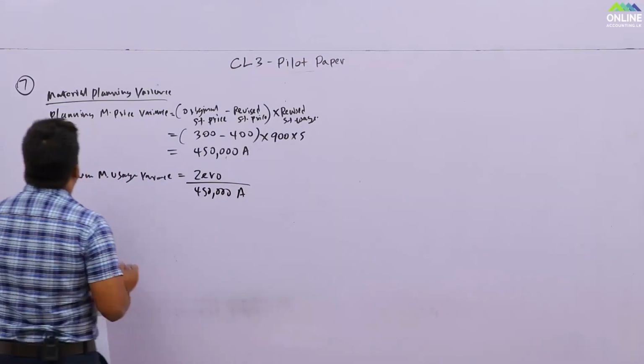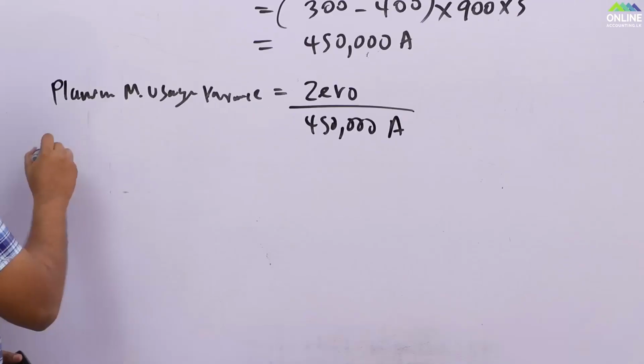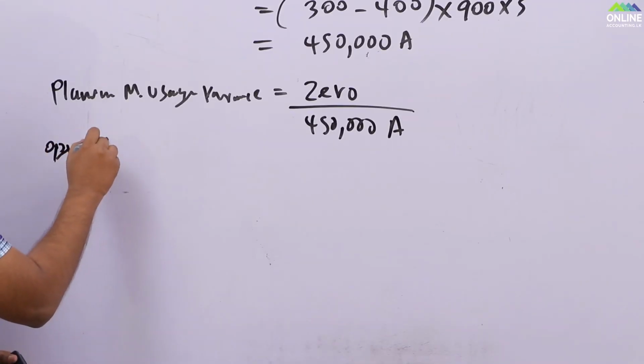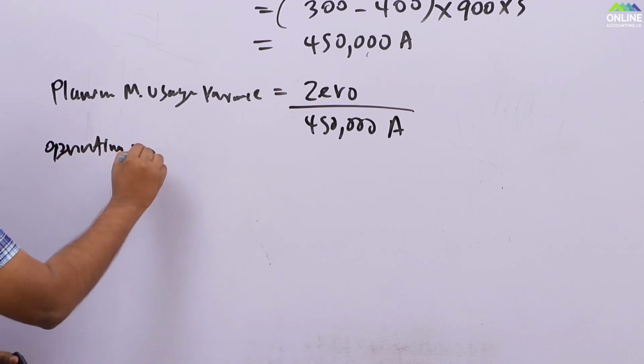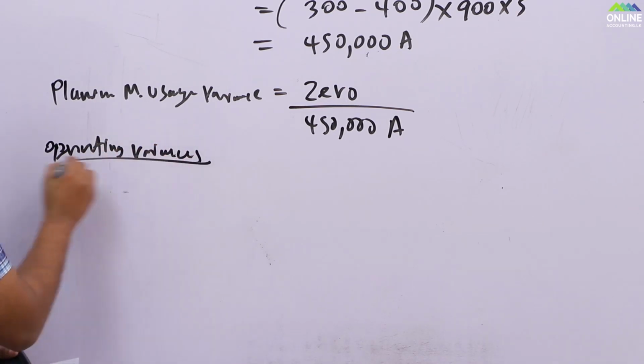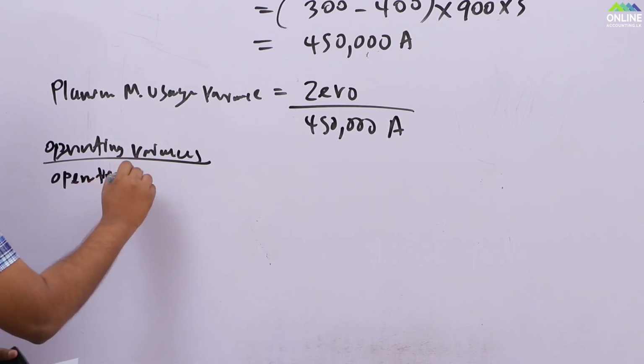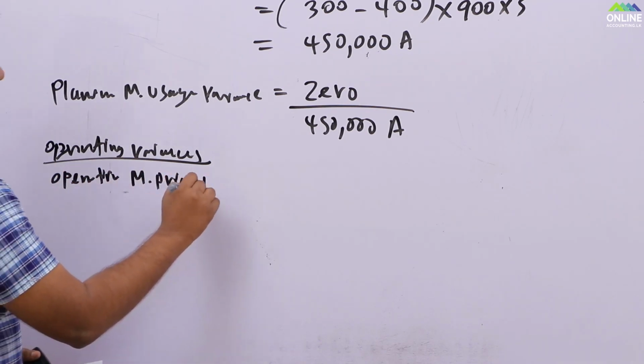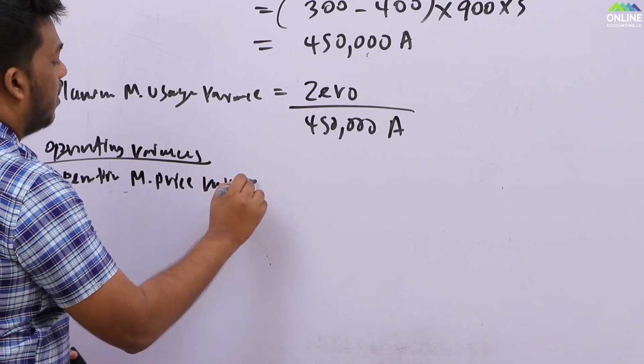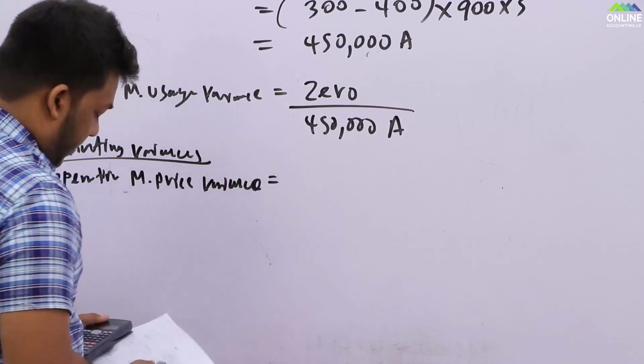Same thing. Then you have to get operating variances. What are the operating variances? So operating material price variance. How to calculate material price variance?